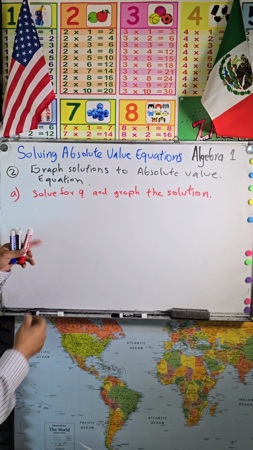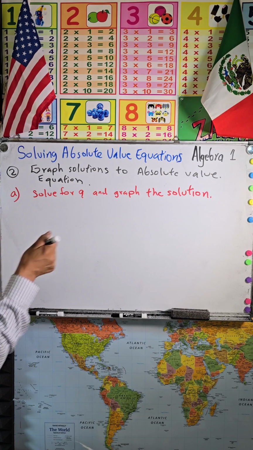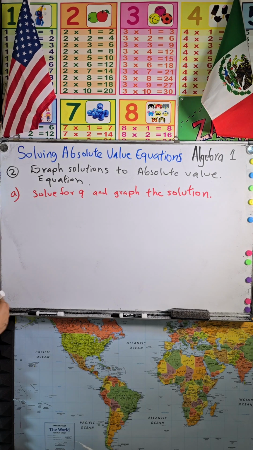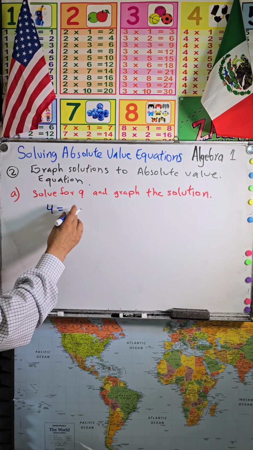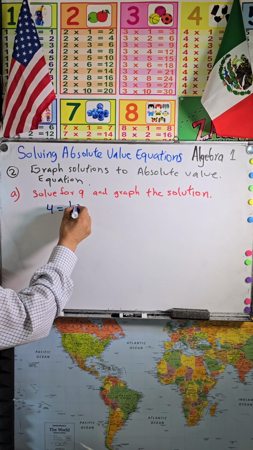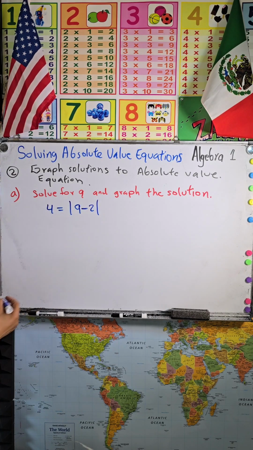What is the problem here? Four equals absolute value of Q minus 2. That will be our problem.